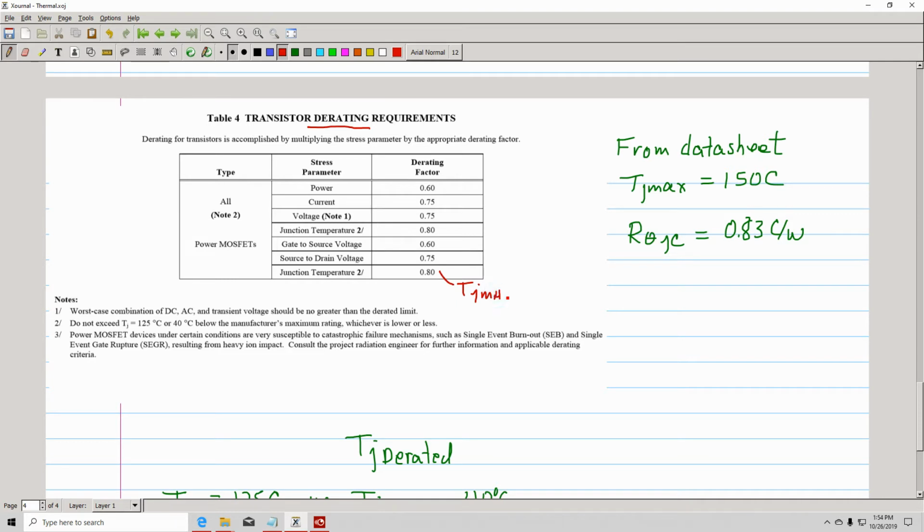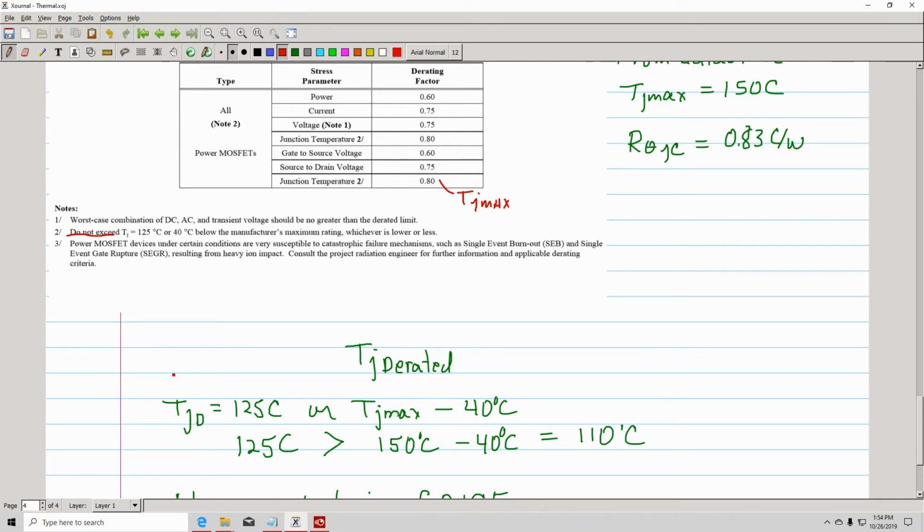But if you notice, it says a 2. That's note 2. The note says that you want to derate to 125 degrees or 40 below the manufacturer's maximum rating, whichever is lower.